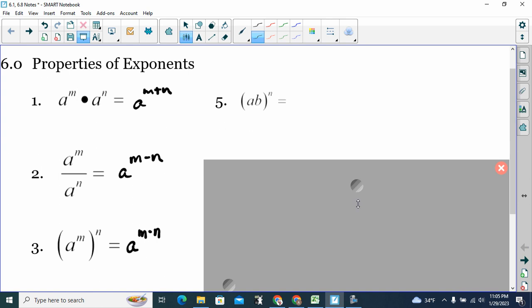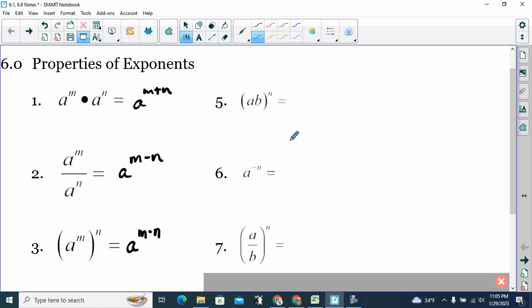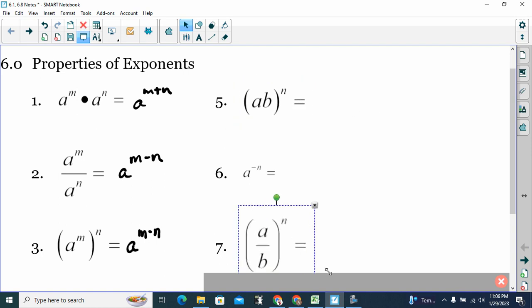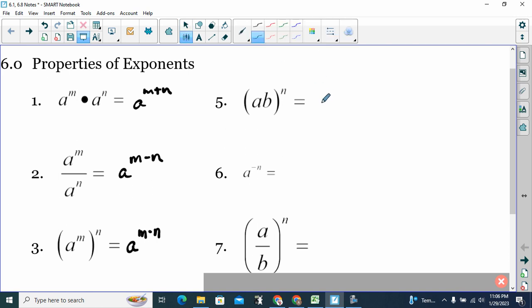Number 5 and number 7 are very similar. It says if I have a product a times b or a quotient a divided by b, and I raise that to the n power, I can distribute and say that's a to the n times b to the n.